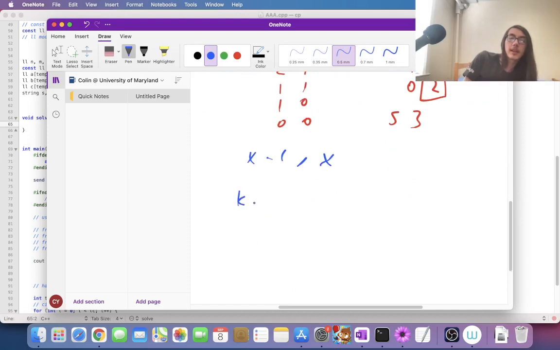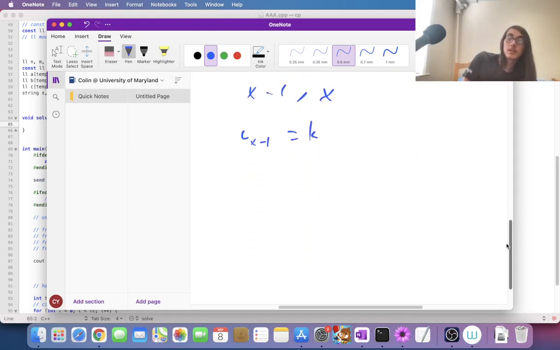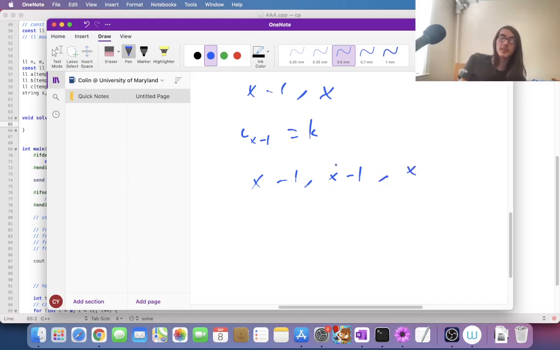Suppose the count of x minus 1 is equal to k. Then we need x to not be last in this sort of subpermutation. If x is after all of the x minus 1s, then it's a bad permutation, and otherwise it is not.